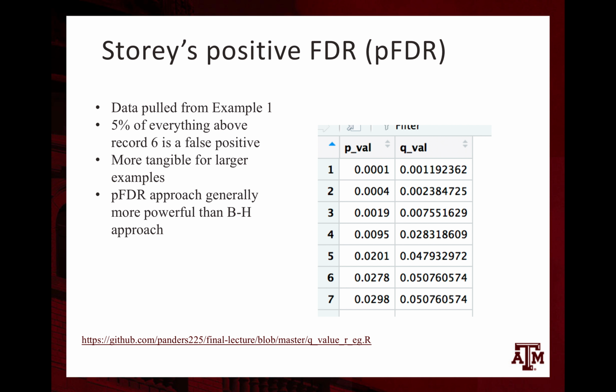I'm not really sure what 5% of 5 records means, but if you had a larger example of maybe 100 hypothesis tests, then that becomes a little bit more clear. One advantage of this procedure, while it is pretty computationally intensive, is that it's generally more powerful than the original method, which is definitely an advantage.